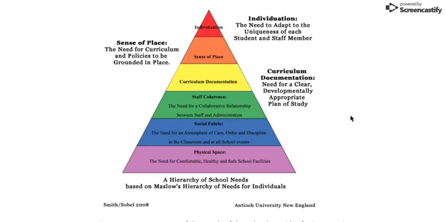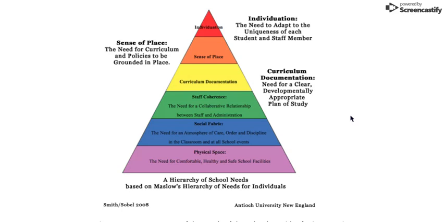The next stage up from that is this idea of the sense of place, that school and community should be in service to one another all the time. Curriculum coherence and sense of place are where folks most often bring us in at Antioch for support, or they'll bring in professional development services, school coaches to help at those levels.